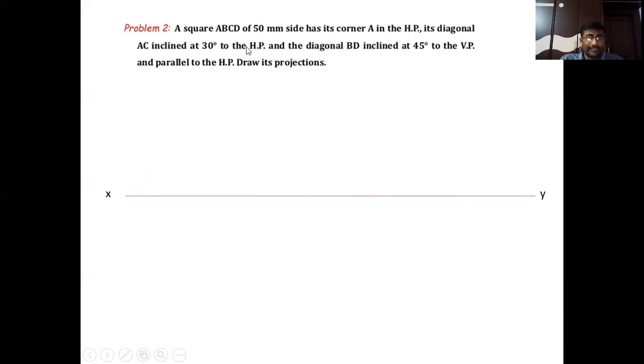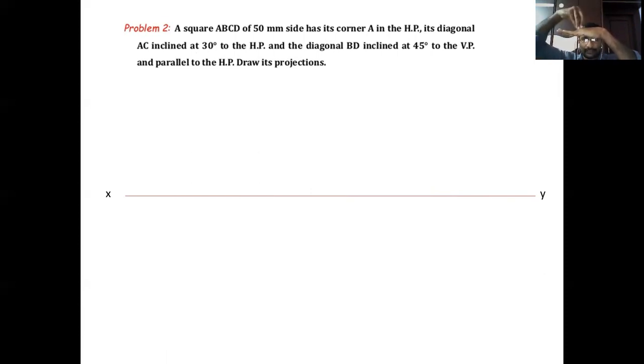So assume the initial position. For the initial position, the surface is parallel to the same plane, that is HP itself. Whenever the surface is parallel to HP, the true shape is visible from the top side. Clear, students? That is, the top view must be the true shape.